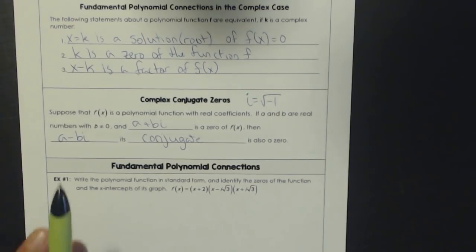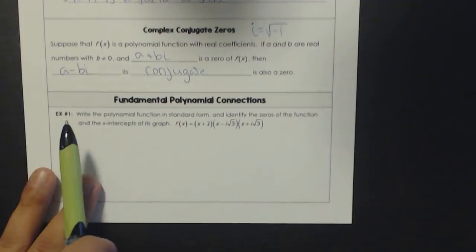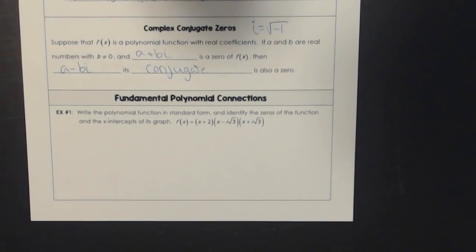Using that knowledge, we're going to be able to identify other zeros given the information from the problem. So let's go into example number 1 and first practice multiplying complex conjugates.